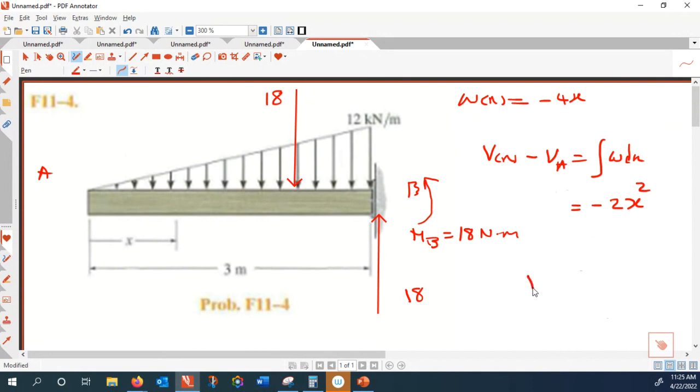So therefore, V of X is minus 2x squared. So let's check the numbers. What is V of A? Plugging X equal to 0, that is 0. What is V of B? By plugging X equal to 3, that is minus 2 times 9, minus 18.